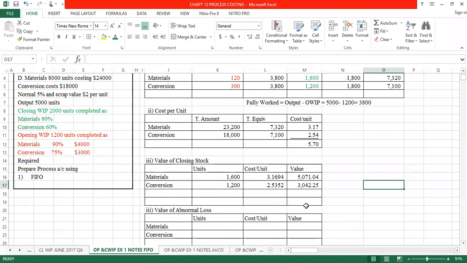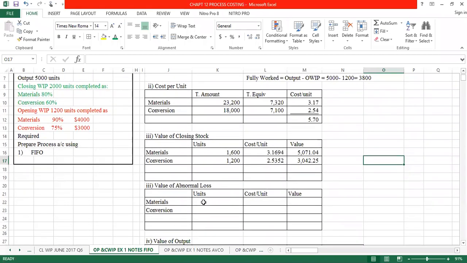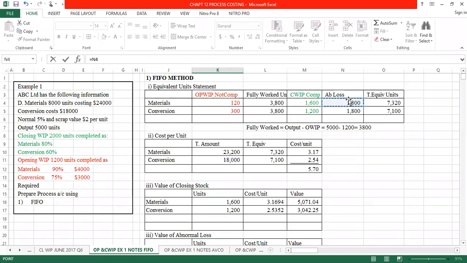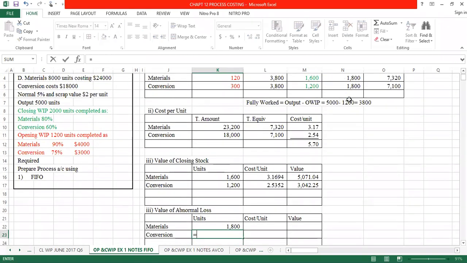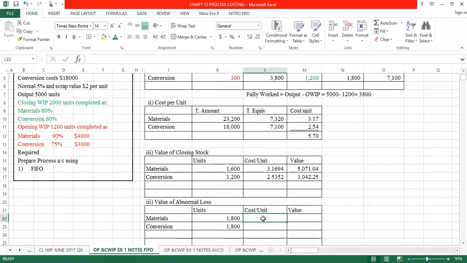Okay, so let's continue. Value of abnormal loss. Abnormal loss, the units are 1,800. You can see that. So what is the cost per unit?